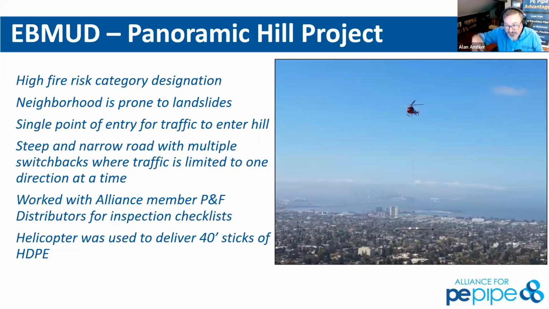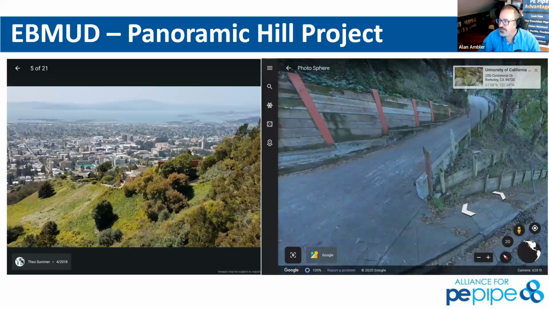Helicopter. They're lifting that high density polyethylene up the side of the hillside of the mountain here. Well, in Florida, for me, I'm from Florida, that would be a mountain, but here it's just a hill. So they're lifting that all the way up, and then they're delivering that and working their way down as we go through. You could see just how difficult it is to maneuver around these switchbacks.